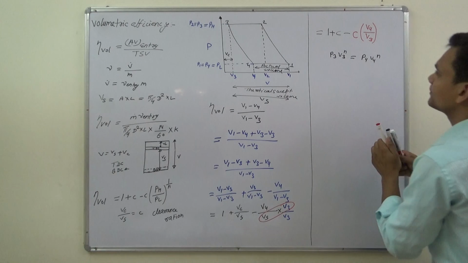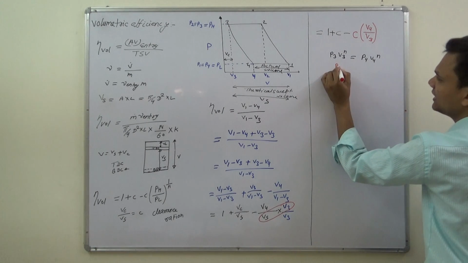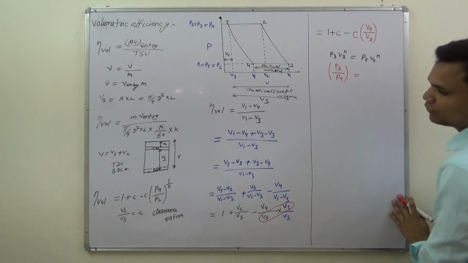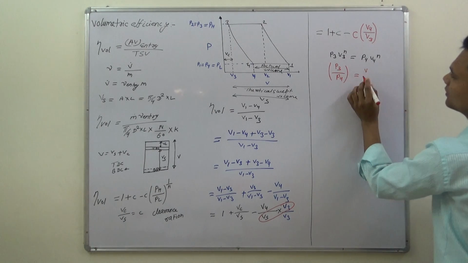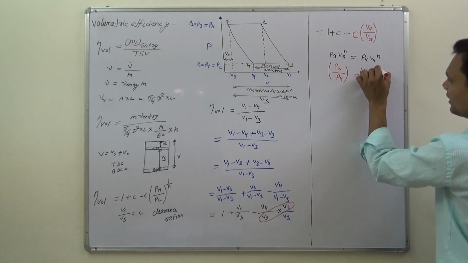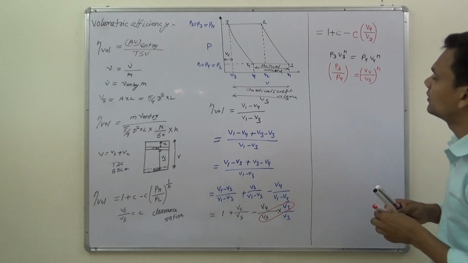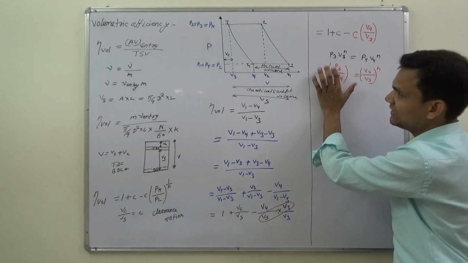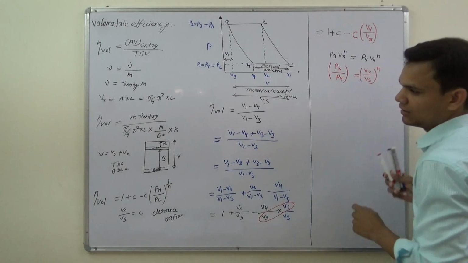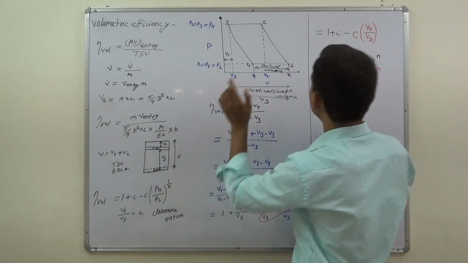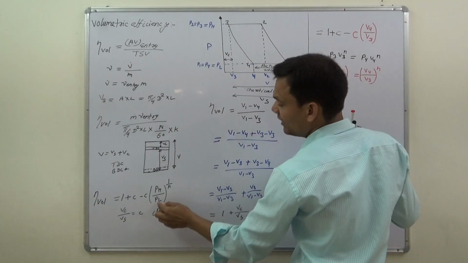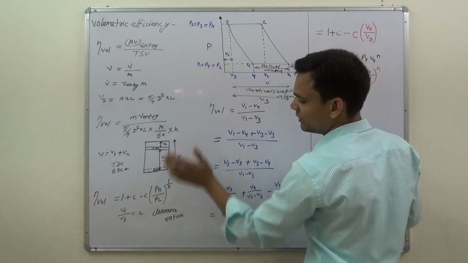So we can write P3 by P4 will be equal to V4 by V3 to the power n, where P3 is higher pressure and P4 is lower pressure. I also write P3 as P higher and P4 as P lower.